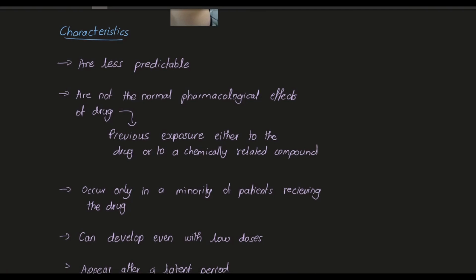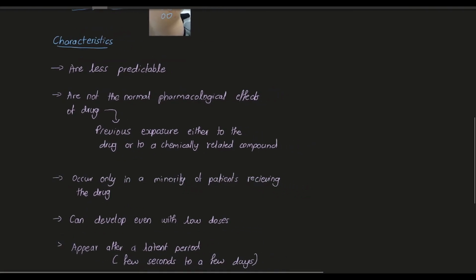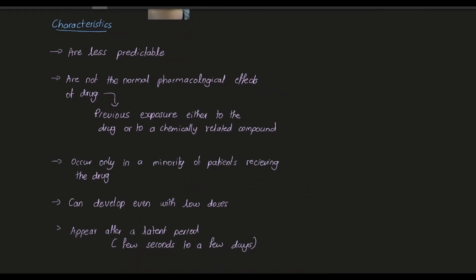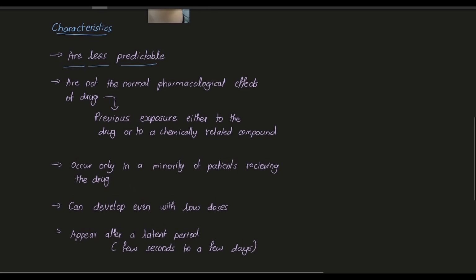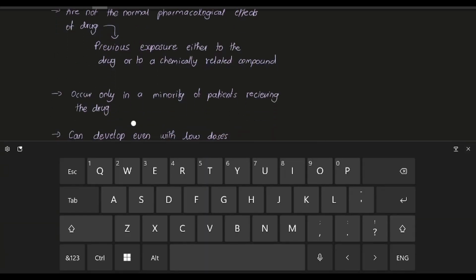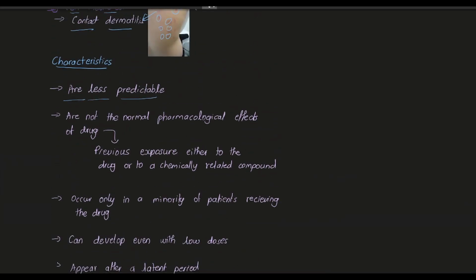And what are the characteristics of the immunological responses to drugs? The first one, these are less predictable. You can't predict for the patient whether it's going to happen or not, and these are not the normal pharmacological effects of the drug.